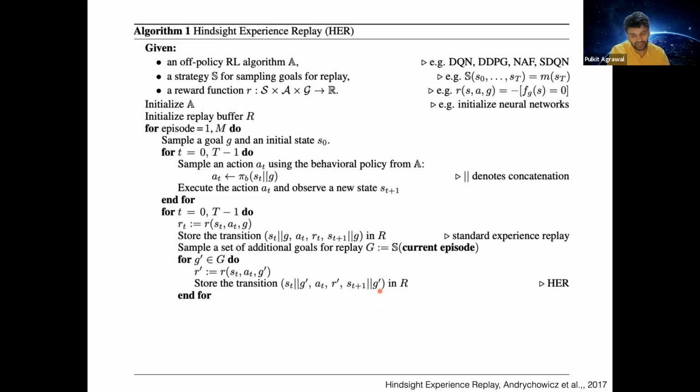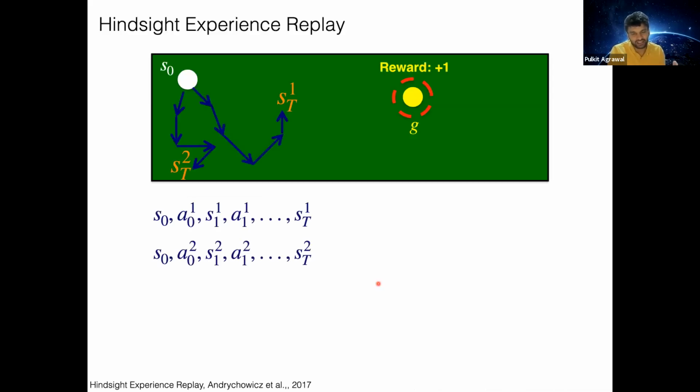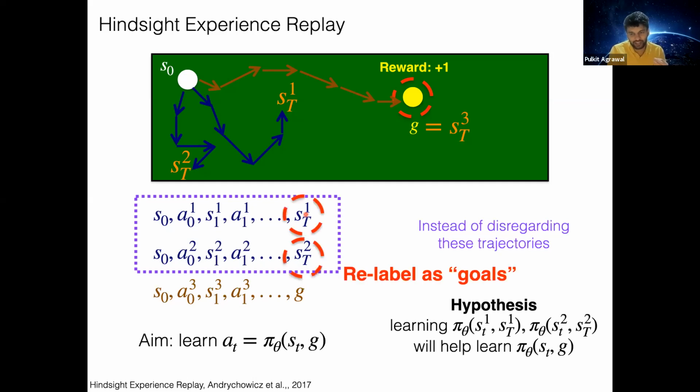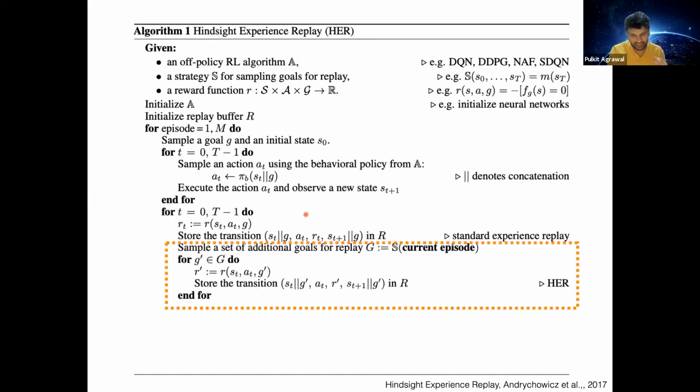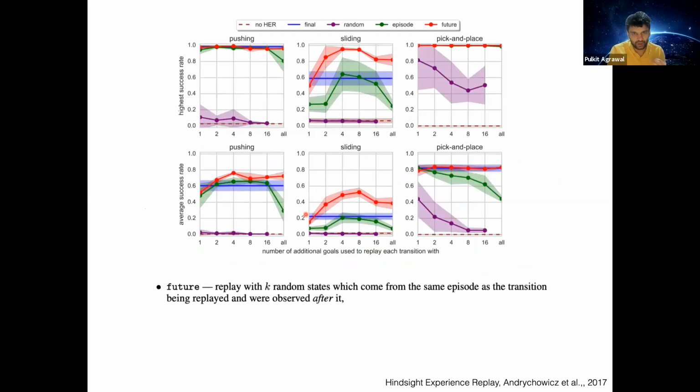And then there are different strategies that I can use to choose G prime, right? One strategy we discussed in the previous slide was just to take my last point of the trajectory and label it as a goal. So it turned out this paper tried different methods of doing this. One method they tried was what they called final, which is what we discussed previously, which is you take the last state of your trajectory and call it the goal.